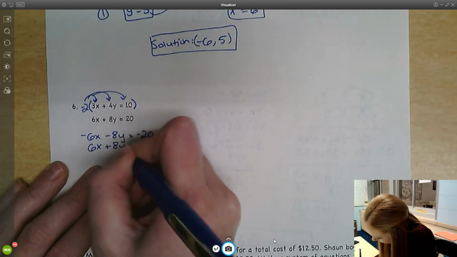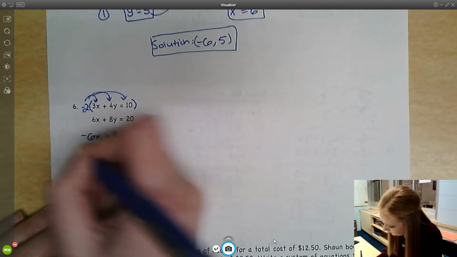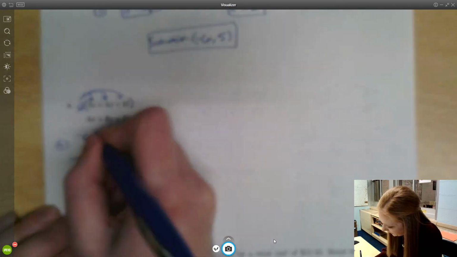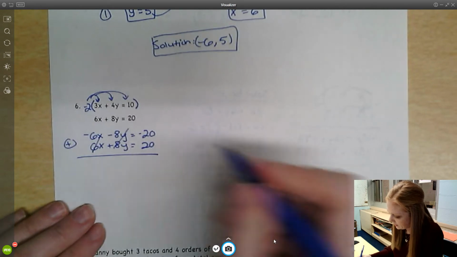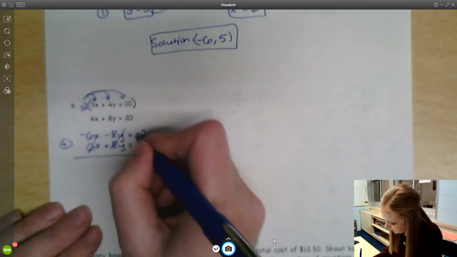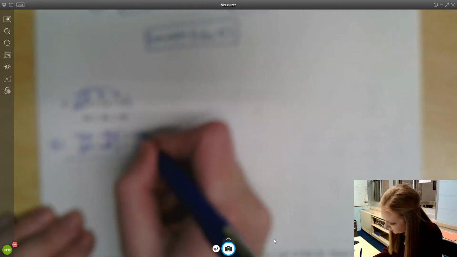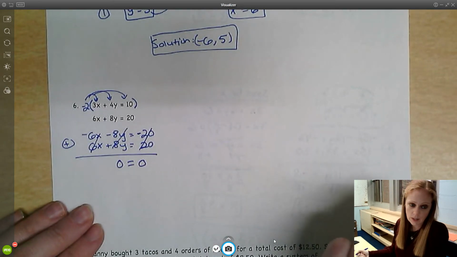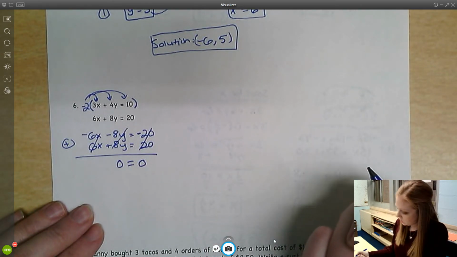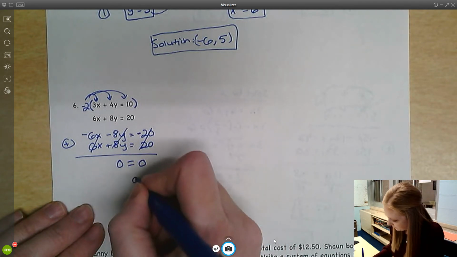Rewrite the second equation. Add them together. Our x's will eliminate. Oh boy, our y's are also going to eliminate. And then negative 20 plus 20 is also going to be 0. So you have to put your placeholder of 0, and 0 does equal 0.